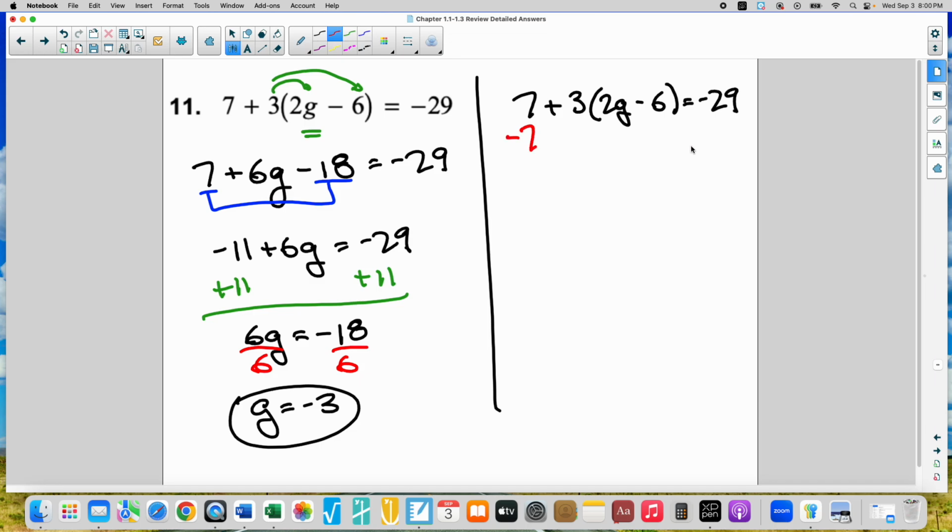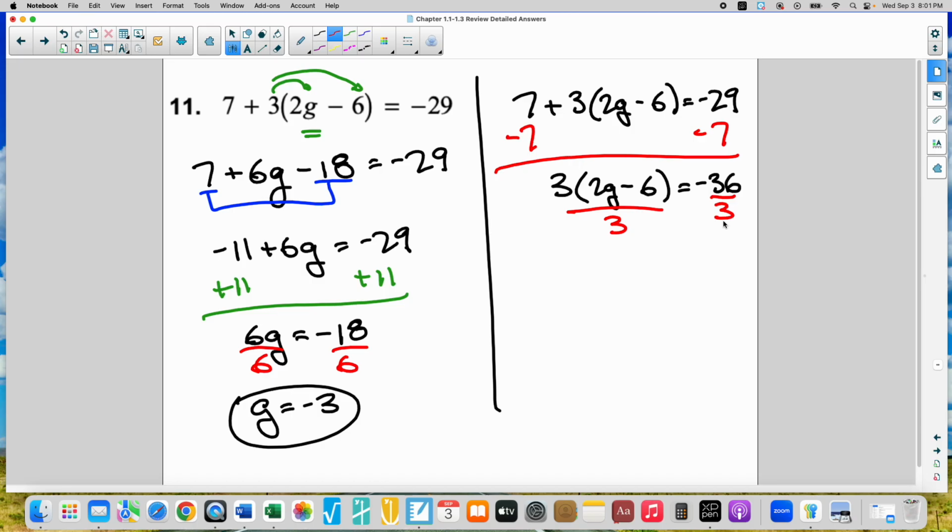I'm going to subtract 7 from both sides. 3 times the quantity 2g minus 6 equals negative and negative makes a bigger negative. I'm going to divide by 3. I get 2g minus 6 equals negative 36 over 3 simplifies to negative 12.